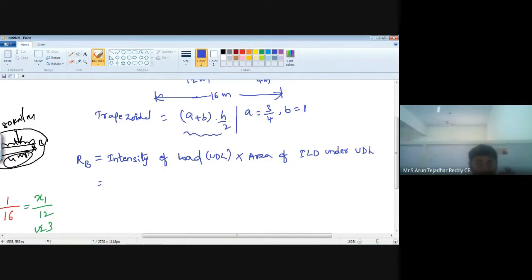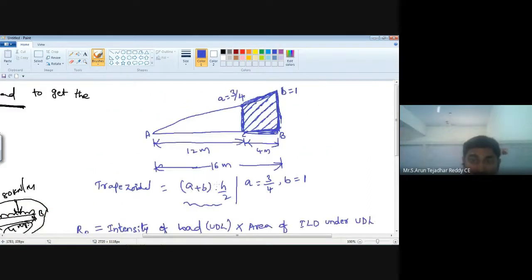What is the given intensity of load? 80 kilonewton per meter. Okay. Into area of ILD under the load, we have one formula, (A plus B) into H by 2. So 80 into (A is 3 by 4 plus B is 1) into H by 2.